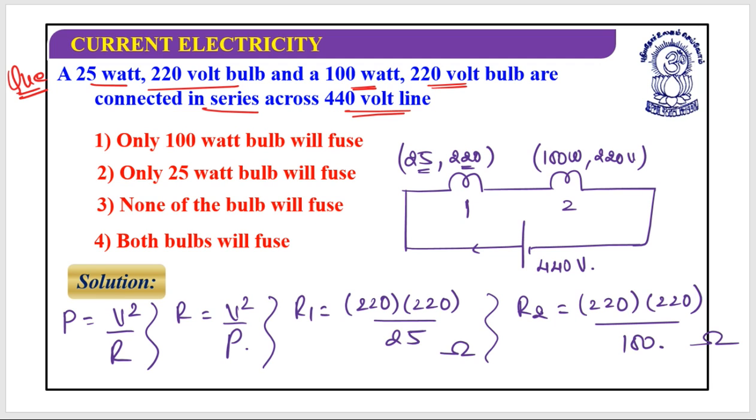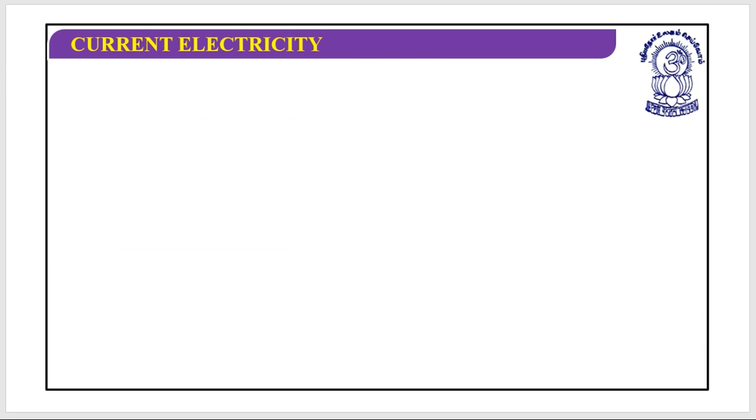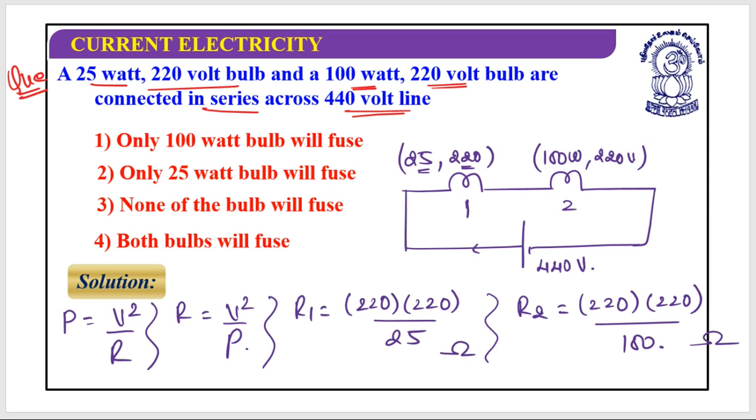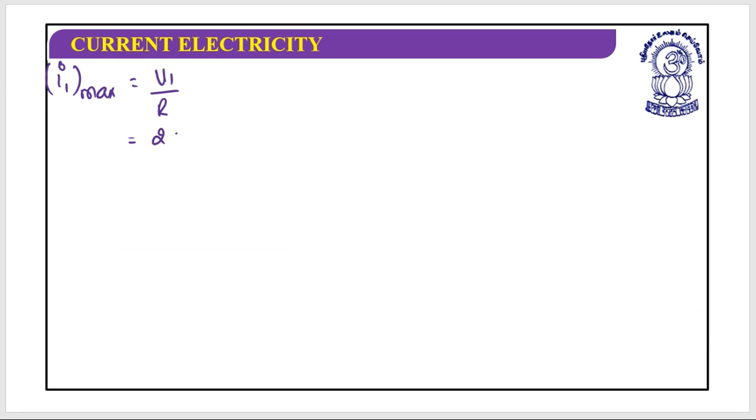Now you need to find out the current that can be passed through it. How could I calculate it? Let's have a look. I max, or I1 max, could be written as V1 divided by R. My V1 is 220, and my resistance is 220 multiplied by 220 divided by 25. This 220 has gone and the term that remains is 25 divided by 220 ampere.